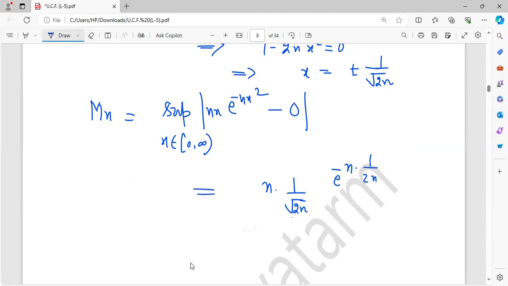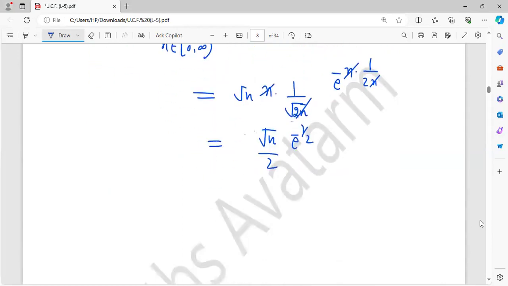You got under root n by 2, and this will be e to the power minus 1 by 2. Okay. So Mn is equal to under root n by 2 e to the power minus 1 by 2, for all n belongs to N.